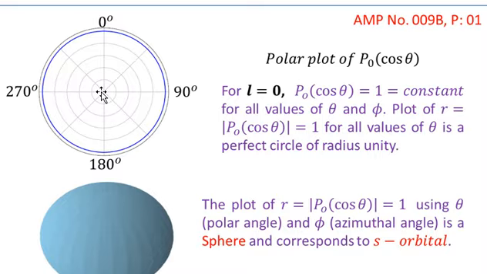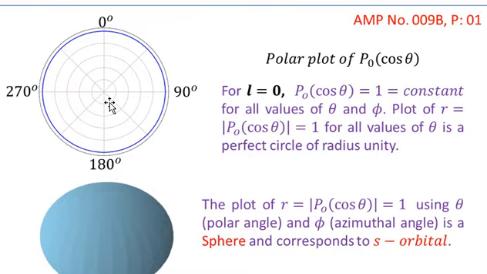The positive z direction points from the center towards the 0 degree, that is upward, and the minus z axis is directed from the center towards the 180 degree mark, that is downward.